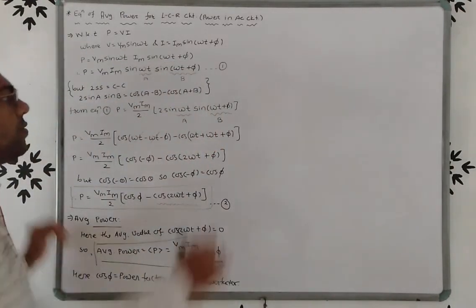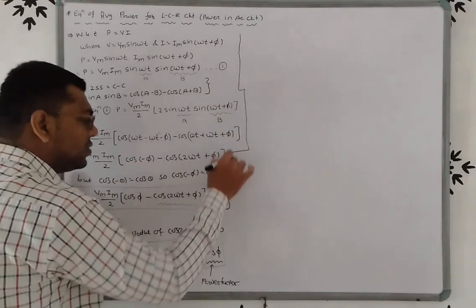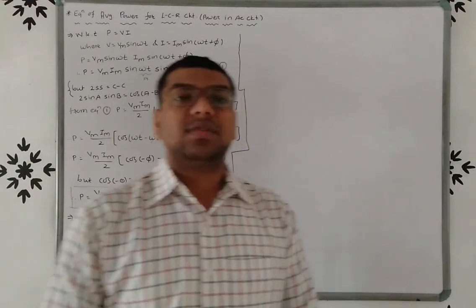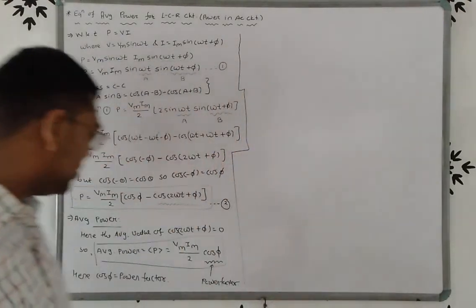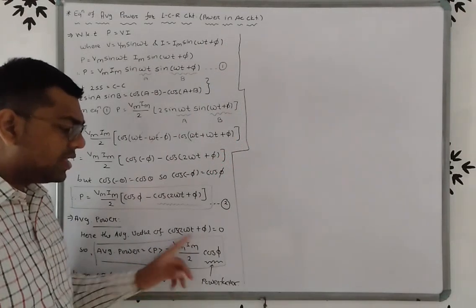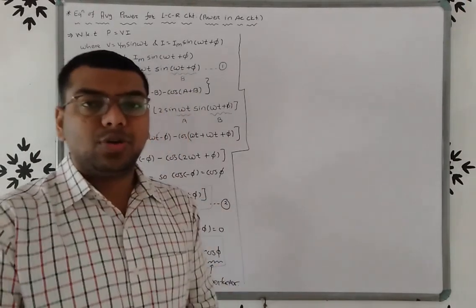Now if we want to write this equation in terms of Vrms, right? So we know that Vrms is equal to Vm by root 2 and Irms is Im by root 2. So see here, friends, here peak values of voltage and current are there. So instead of 2 we can write root 2 into root 2, right?